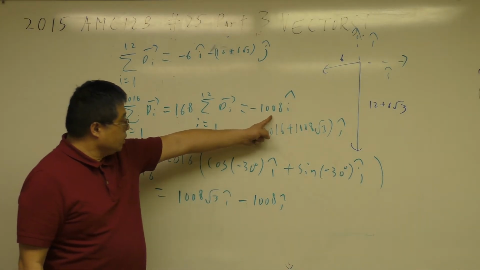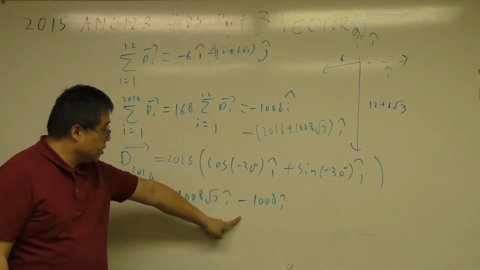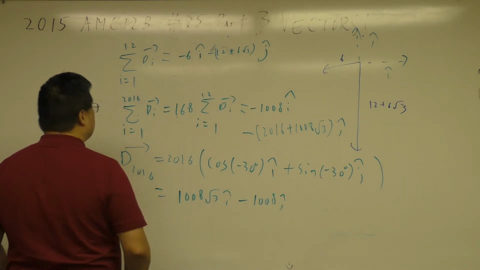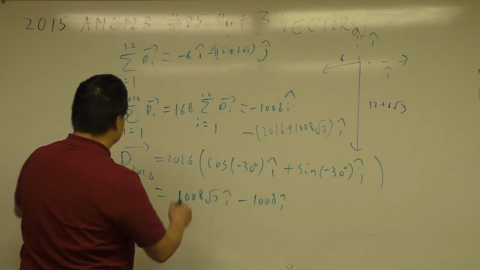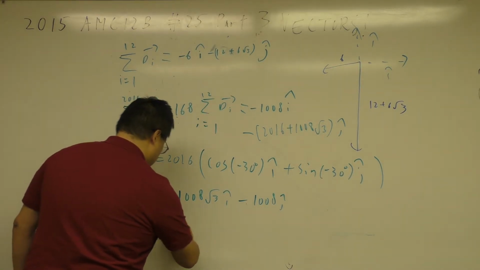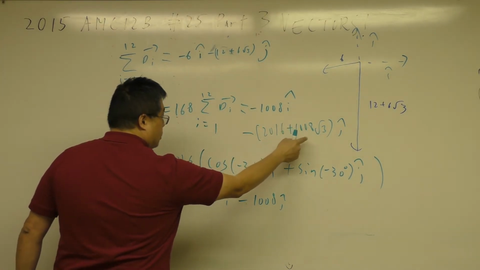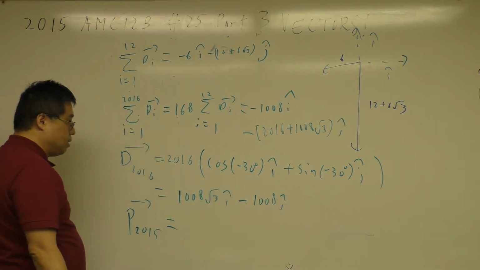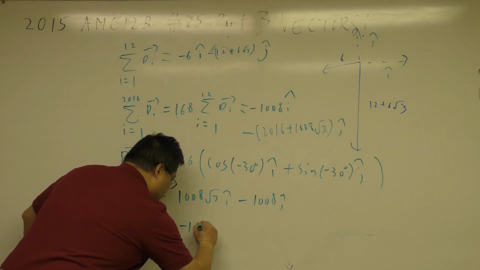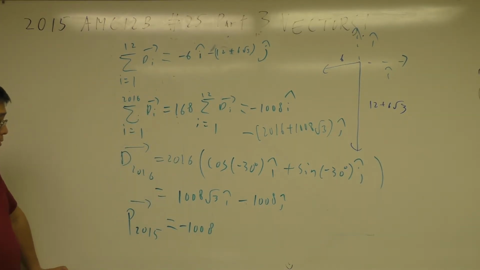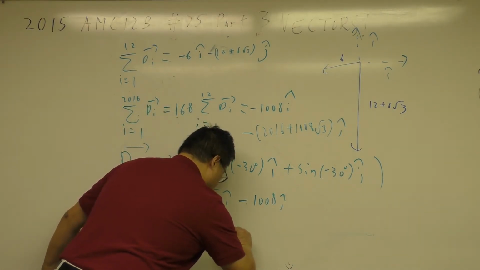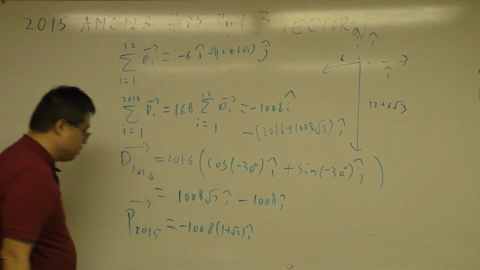So from this quantity, we have to subtract this quantity to get P2015. We see they both have a common factor of 1008, and it is subtraction, so that becomes negative. So this is 1 plus square root 3 here.